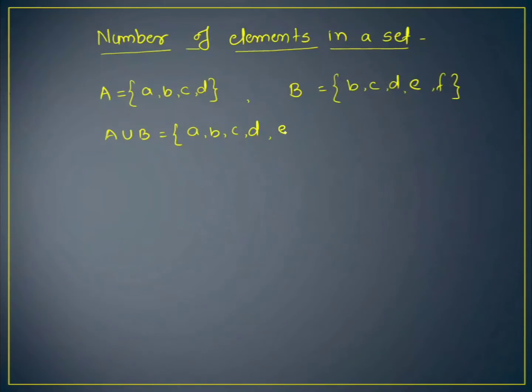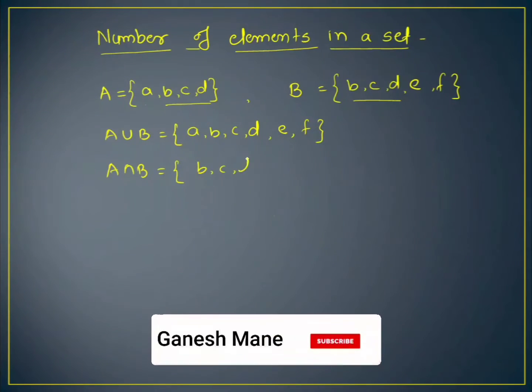Apart from that, we have elements e and f. So this is A union B. We can find A intersection B by taking only the common elements. In both of these sets there are three elements in common, b, c, d, so we can write b, c and d in A intersection B.